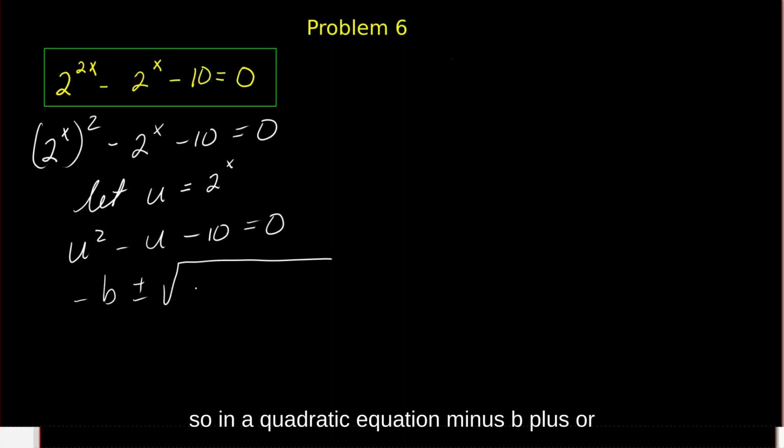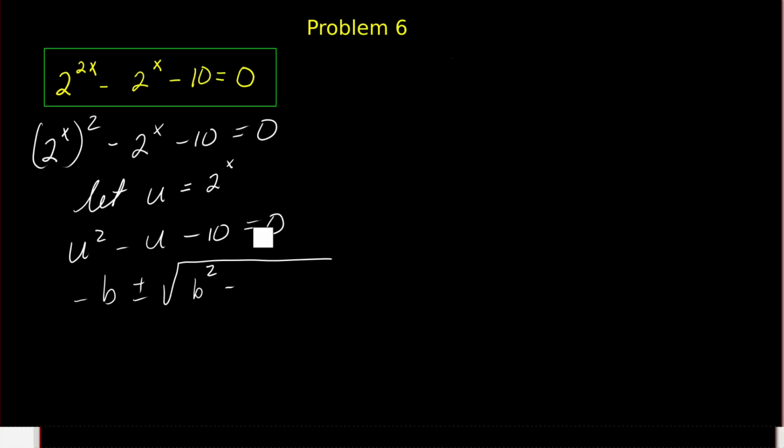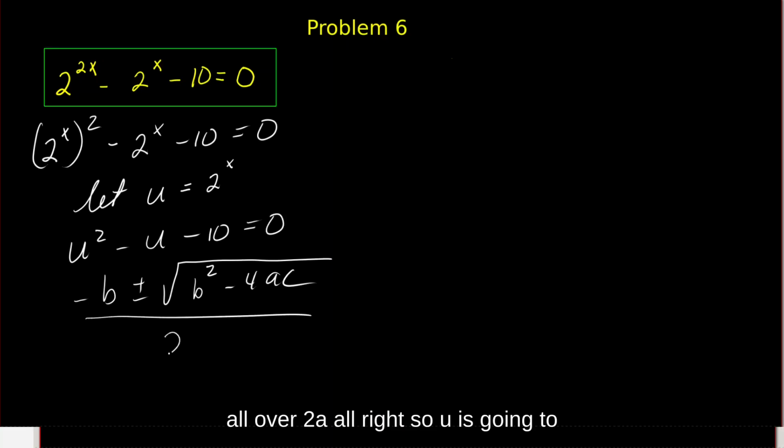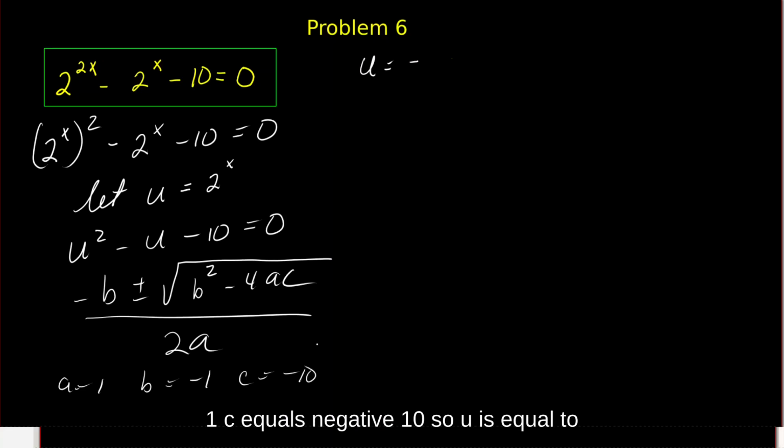So in a quadratic equation, x equals negative b plus or minus the square root of b squared minus 4ac, all over 2a. All right, so u is going to equal negative b, where a is 1, b is negative 1, c equals negative 10.